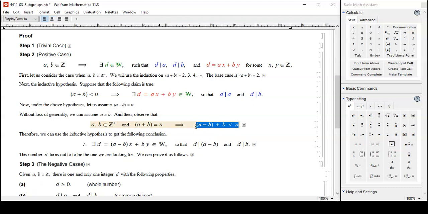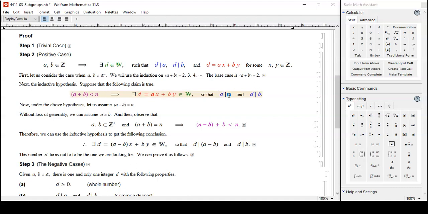All right. So let's take this one, as I highlighted in purple right here. Then we can use the inductive hypothesis. First number plus second number is strictly less than n, so the conclusion follows. Except that instead of this a, I have to use a minus b. So that is going to be replaced by a minus b.